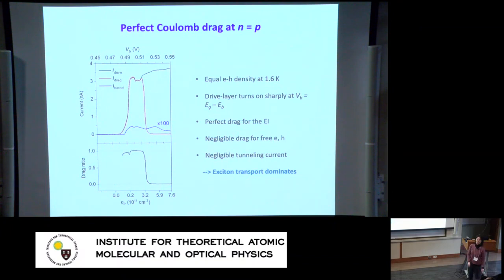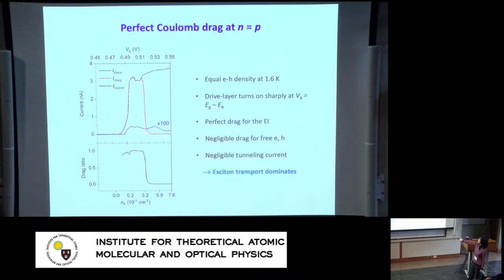So let me walk you through the curves here. We have the black line, which is the drive current, and you can see the drive current turns on when the bias is large enough, and then it keeps going. This is also some imperfection of the device. The red line is the drag current. It follows the drive current.